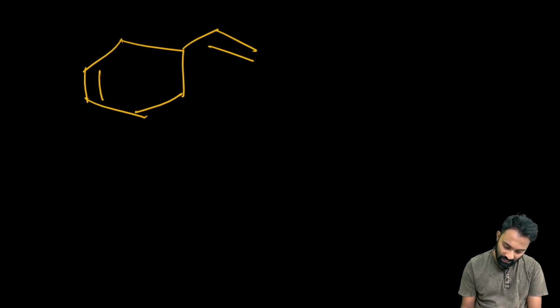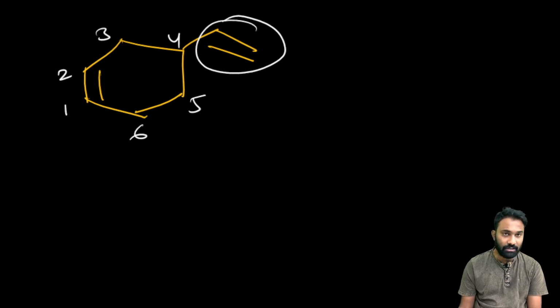But if you start the numbering from here, 1, 2, 3, 4, 5, 6, then this one will become the substituent, and the parent carbon chain has 6 carbons.